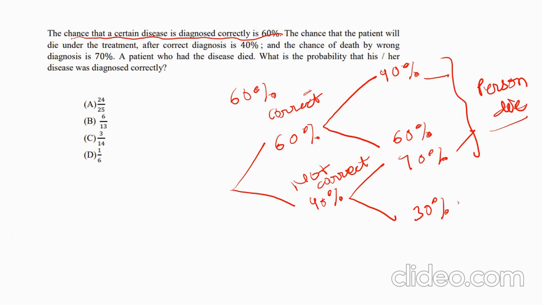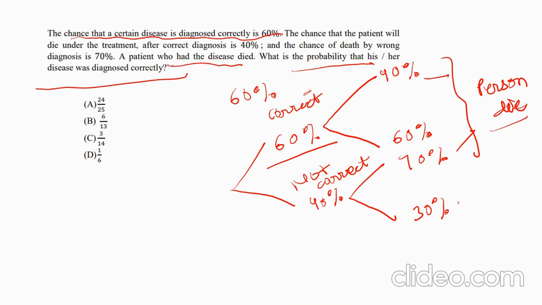A person who has the disease died, what is the probability that his disease was diagnosed correctly? So when will the person die?